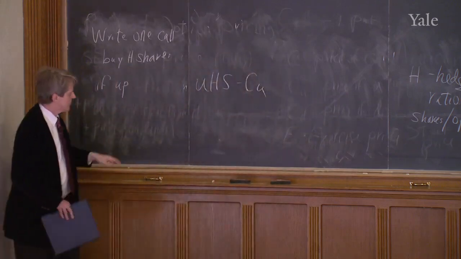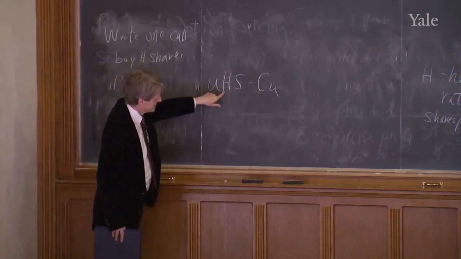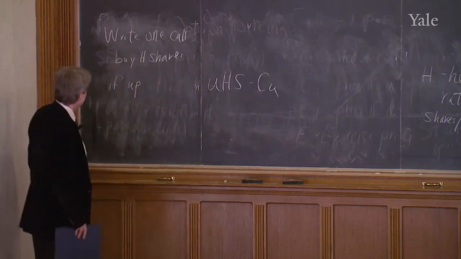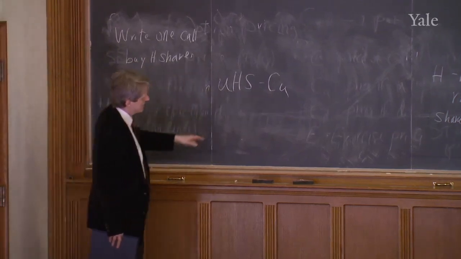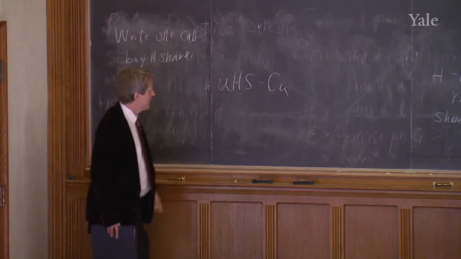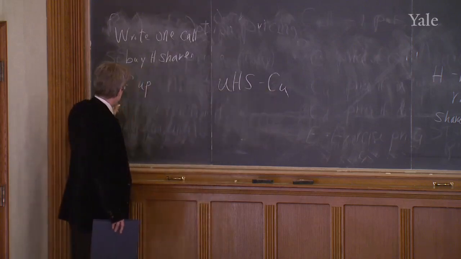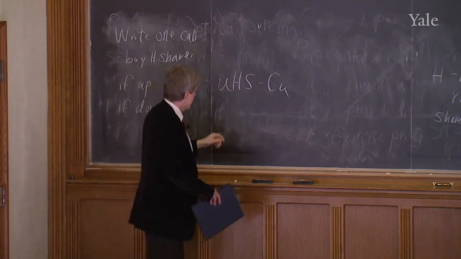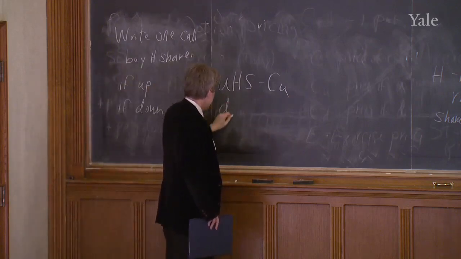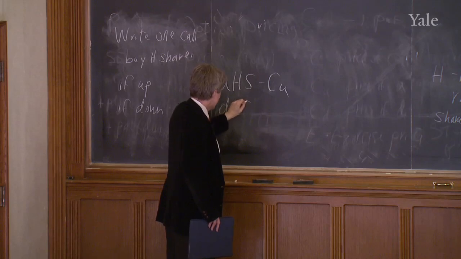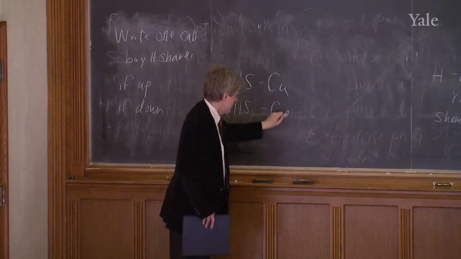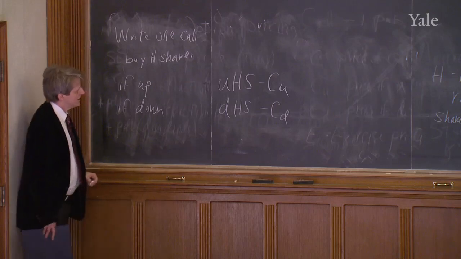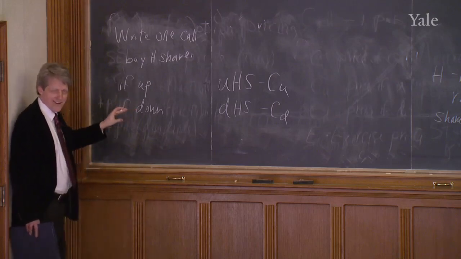Because the share price goes from S to US, and I've got H shares, and I've written a call, so I have to pay C sub U. If it's down, then my portfolio is DHS minus C sub D. Okay? This is simple enough?